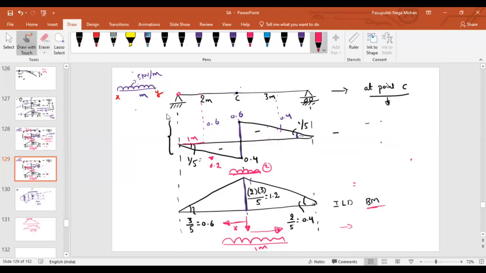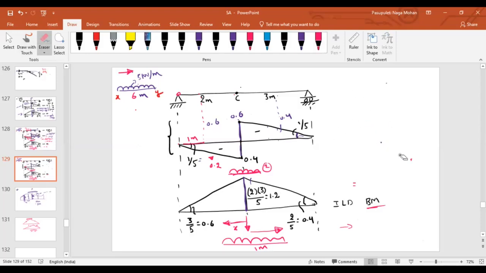Now let us say that the load has a length of 6 meters. Imagine that it is moving from left to right. You guys are following, isn't it? As of now, no doubts, right? Clear, sir.